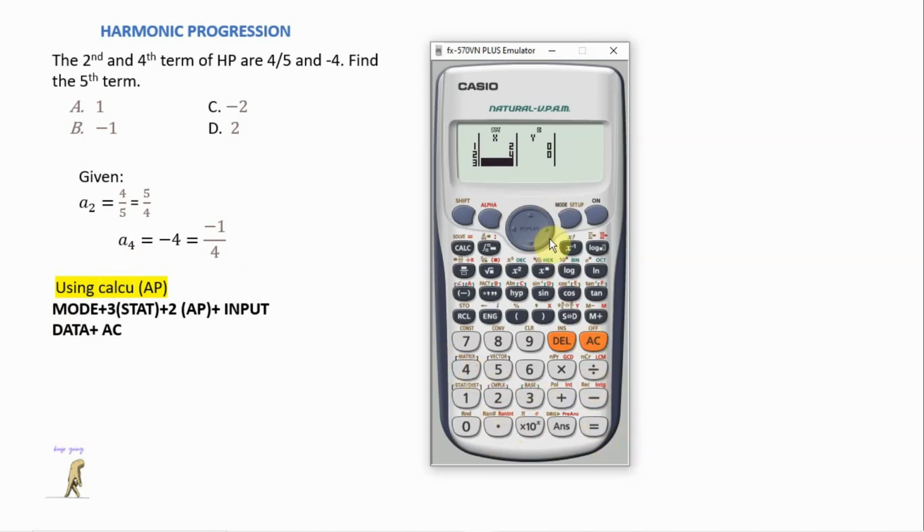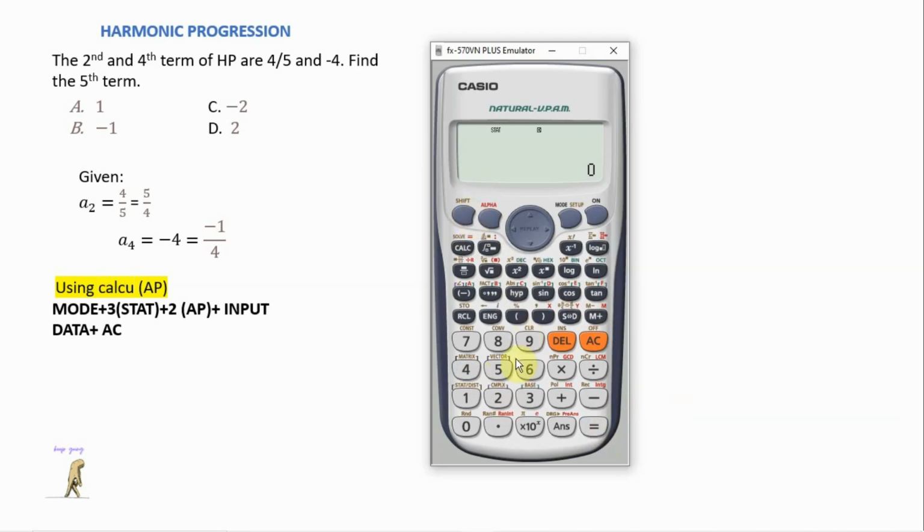Then the value of our data is 5 over 4 for our a sub 2 and negative 1 over 4 for our a sub 4. Then press AC.